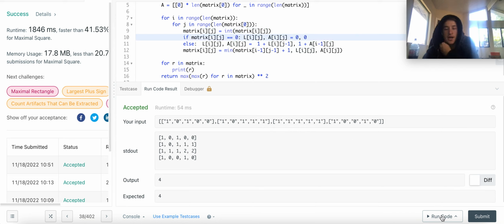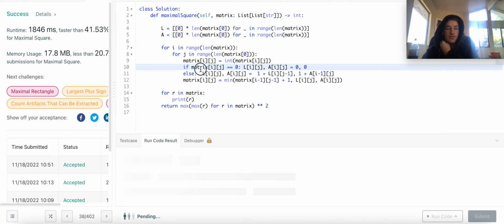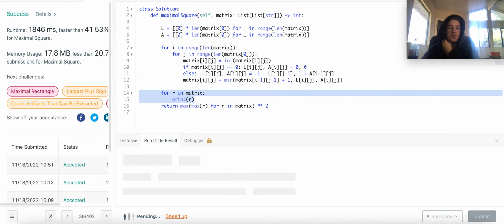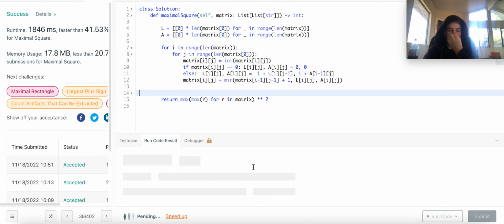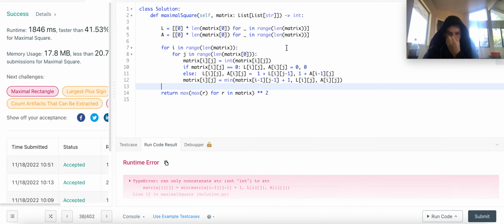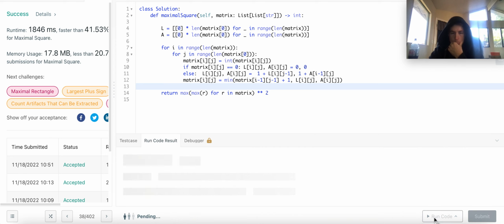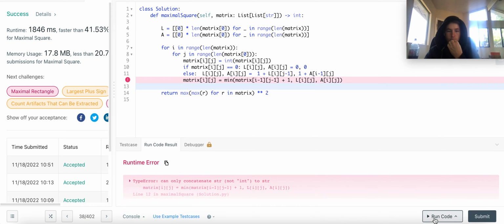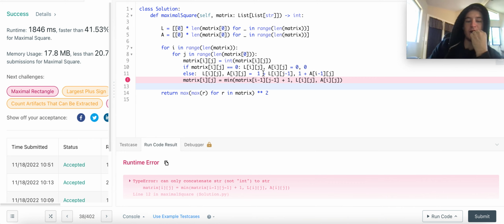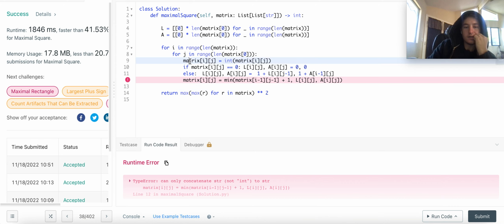So now it's one pass. This is going to affect our runtime too, because we shouldn't be just printing stuff out. Okay, but now it's playing this weird game. Why? See, this is why it's so annoying. I set it.